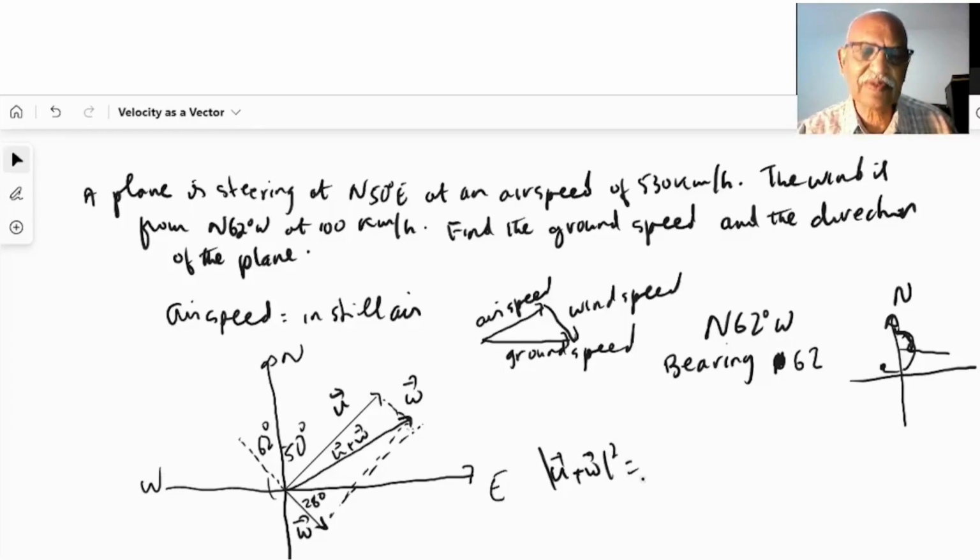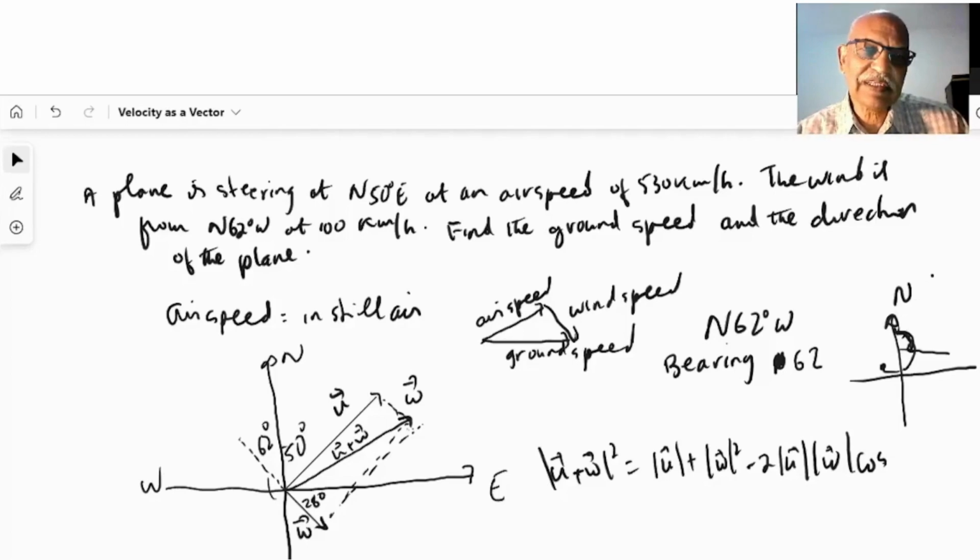The magnitude squared is equal to the absolute value of U squared plus the absolute value of W squared minus 2 times U W cosine of my angle. Now this is the angle I'm looking for, this one here.